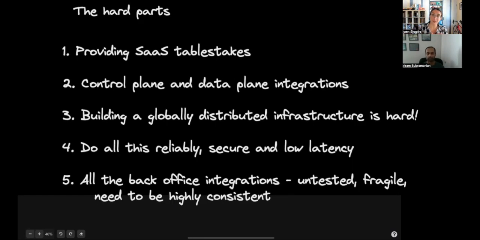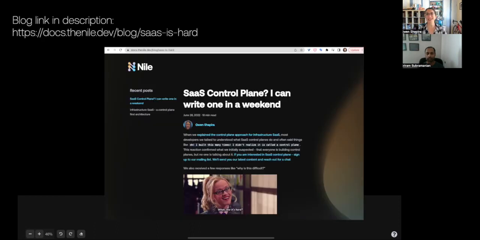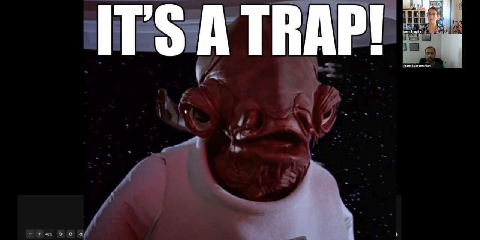Even though we said explicitly why the architecture is difficult, people came back and said, oh, it doesn't look very hard. So today we published another blog post explaining that it is harder than it looks. The blog went through a bunch of gotchas and traps, things that you think are easy, but actually are not as easy as they sound.